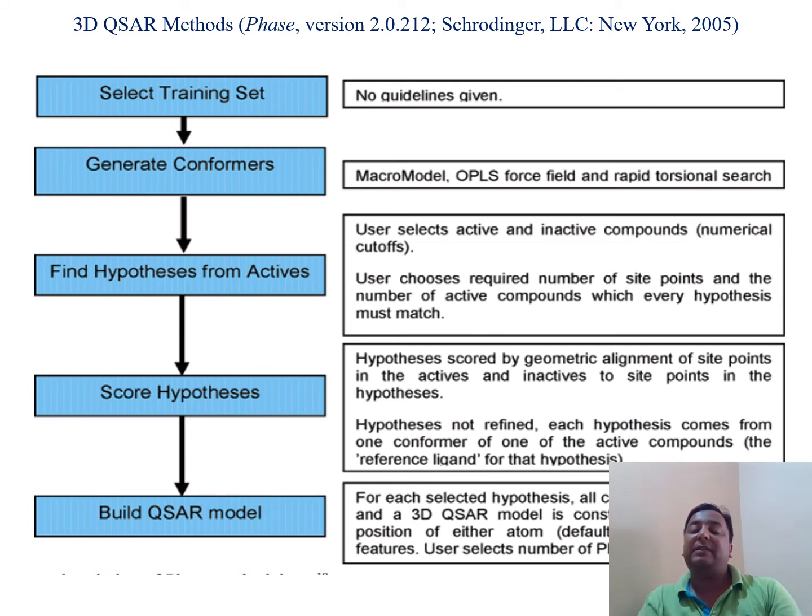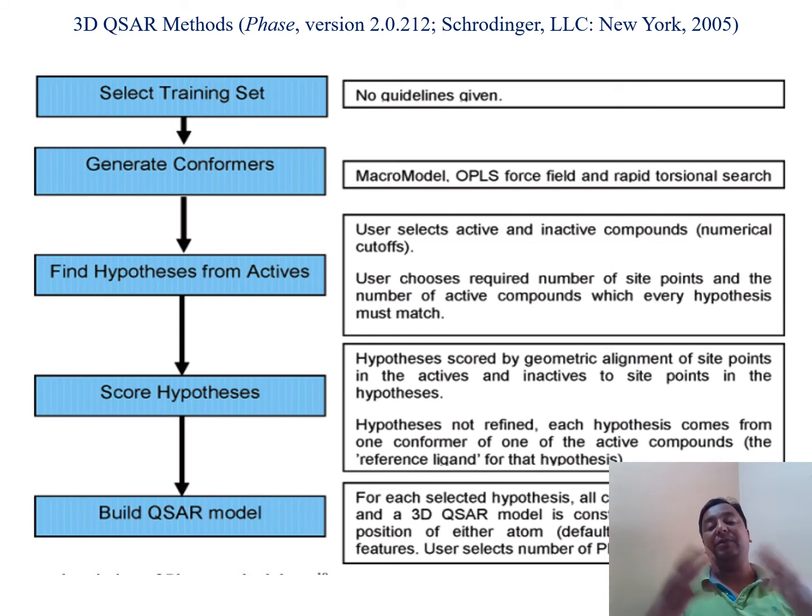Once we divide these compounds into active and inactive by mapping their minimum and maximum values in the data set, the mean value, and the standard deviation value, we can easily understand which compounds are the 60% or 50% that will be active and the remaining inactive. Once we divide into active and inactive compounds, we will find the hypothesis for the actives and inactives. This is the hypothesis we will generate.